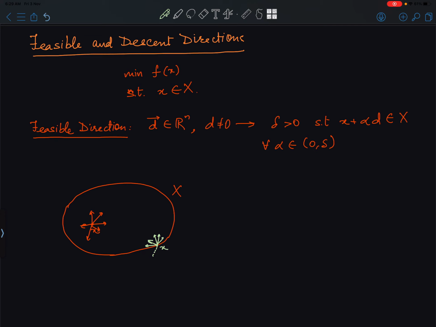Okay, so now let's say that this particular set, capital F of x, is the set of all feasible directions for x belongs to capital X.